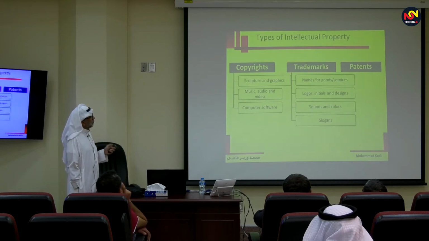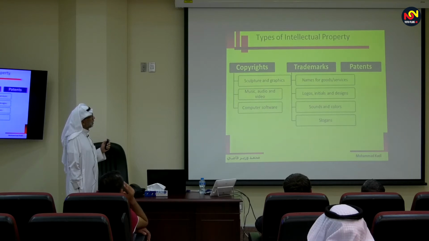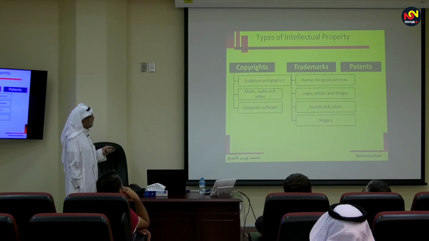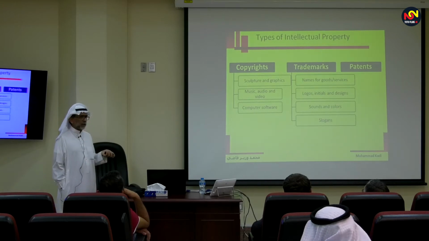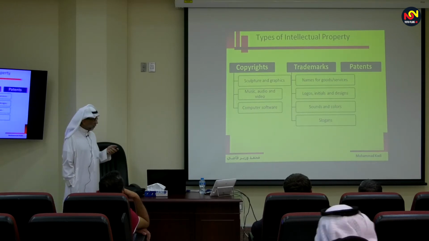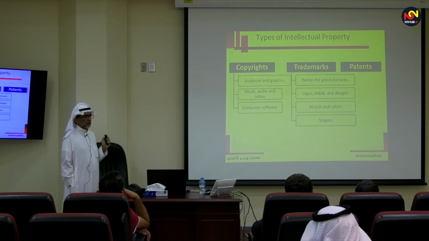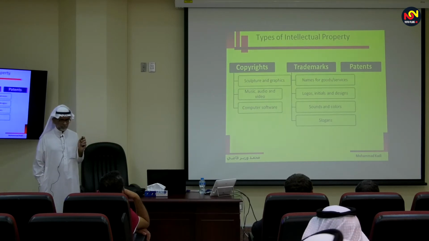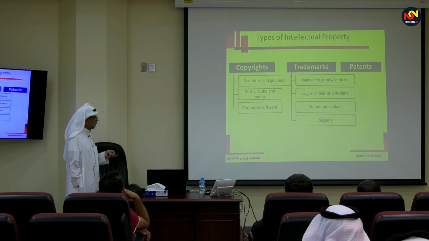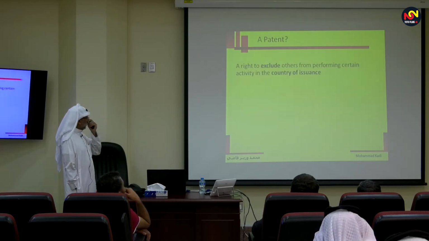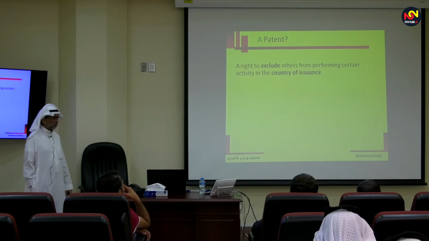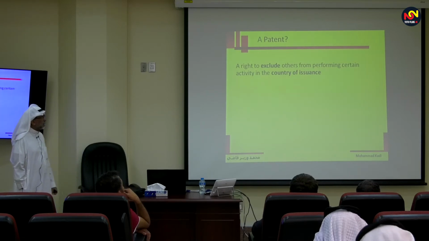Trademarks, like slogans, sounds and colors, logos, etc., are parts of intellectual property, but in science and engineering and medicine, the most important part is patents. So we will concentrate on patents and their importance to KAU and the country as a whole.